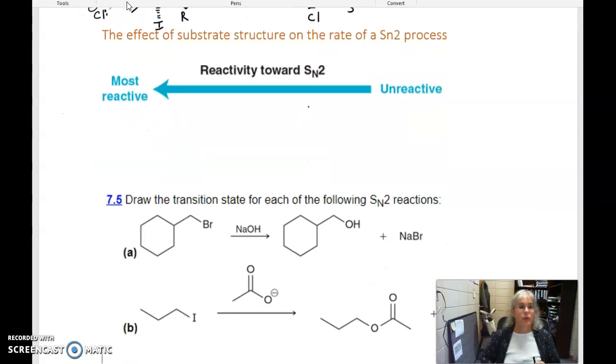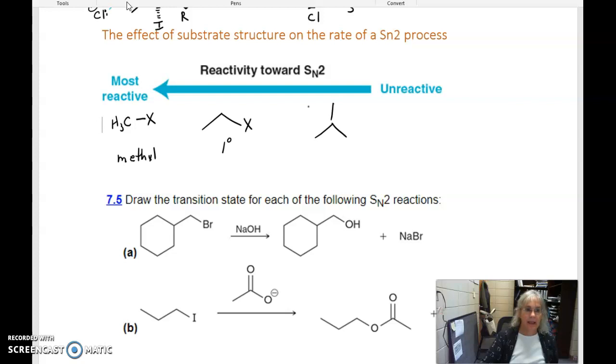So the effect of substrate on the rate of the SN2 process, we find that methyl groups react the most or the fastest. So this would be a carbon with 3 hydrogens and a halogen attached to it. Next we have primary. Well, let me do that. We'll just keep the X. Primary. Then we have secondary.